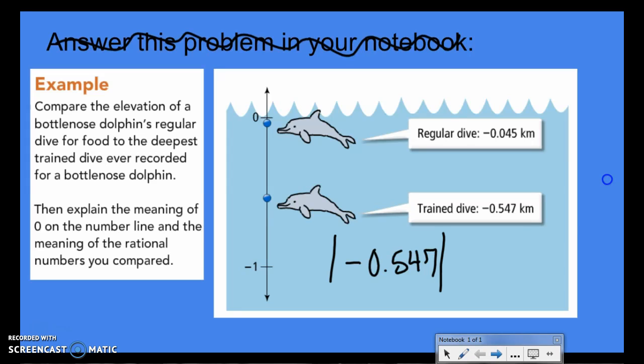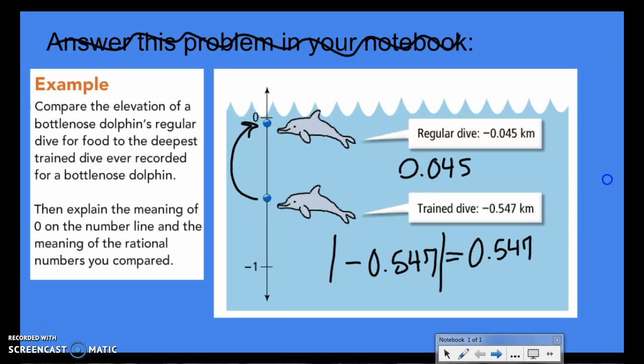If we're talking about depth or length or distance, it's going to be the absolute value, which ends up being a positive number, 0 and 547 thousandths of a kilometer. Alright? I want you to look at that and then look at your other depth. That is 0 and 45 thousandths.